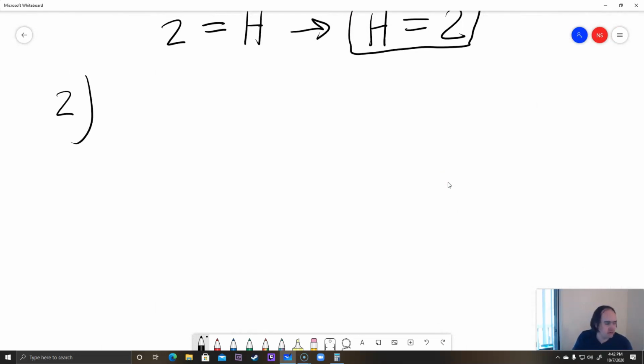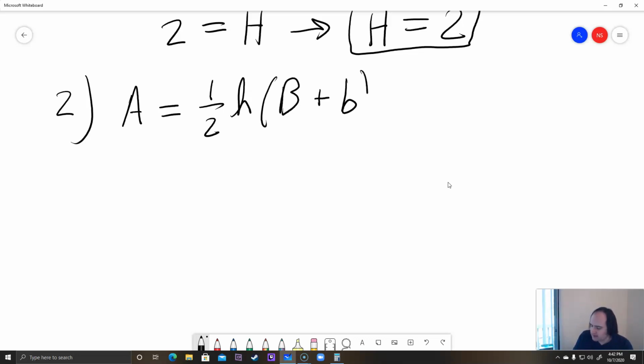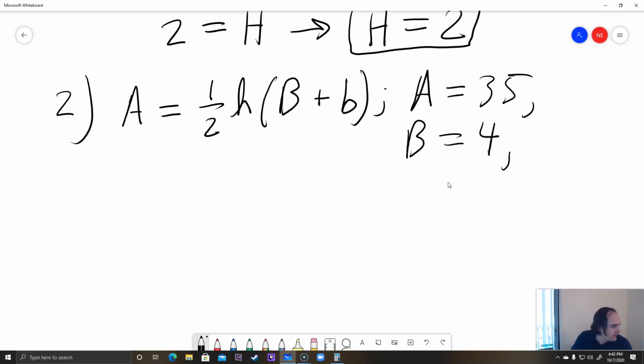Example number 2, our formula is A equals 1/2 times little h times a quantity, capital B plus little b. Okay, and they tell us that capital A equals 35, capital B equals 4, and little b equals 3.